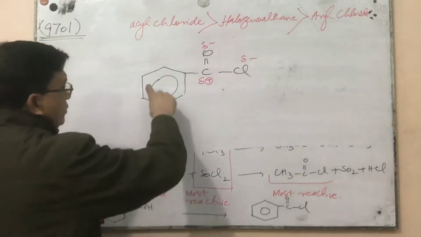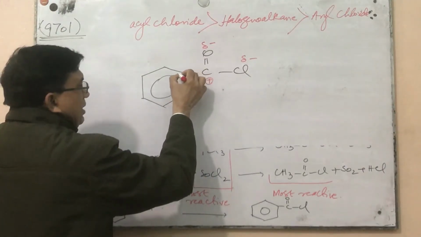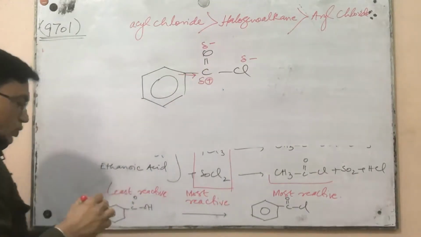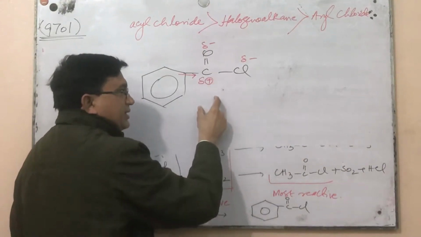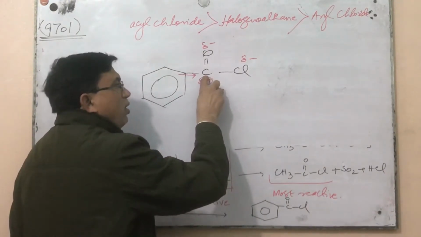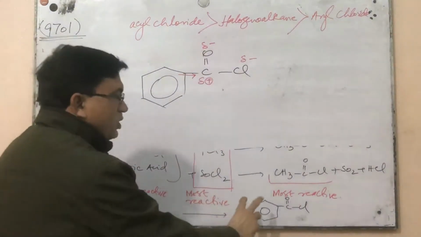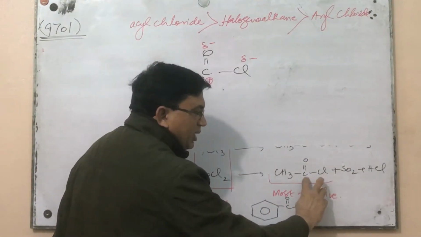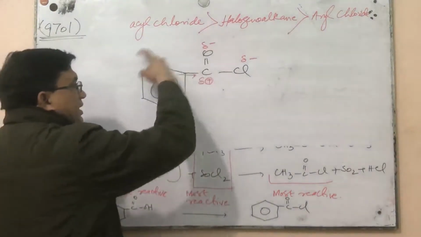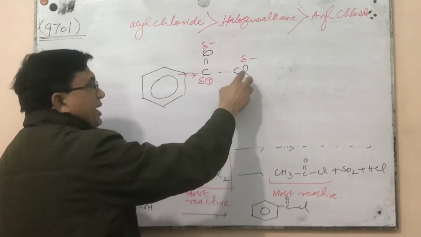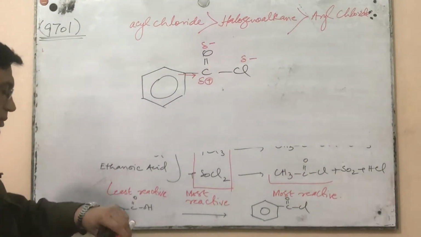But due to the presence of this pi electron system, electron charge density can be provided from the benzene ring to this carbon, which decreases its partial positively charged character. So the bond between carbon and chlorine becomes stronger as compared to the ethanoyl chloride carbonyl carbon and chlorine bond. That's why this aryl chloride is less reactive as compared to ethanoyl chloride.